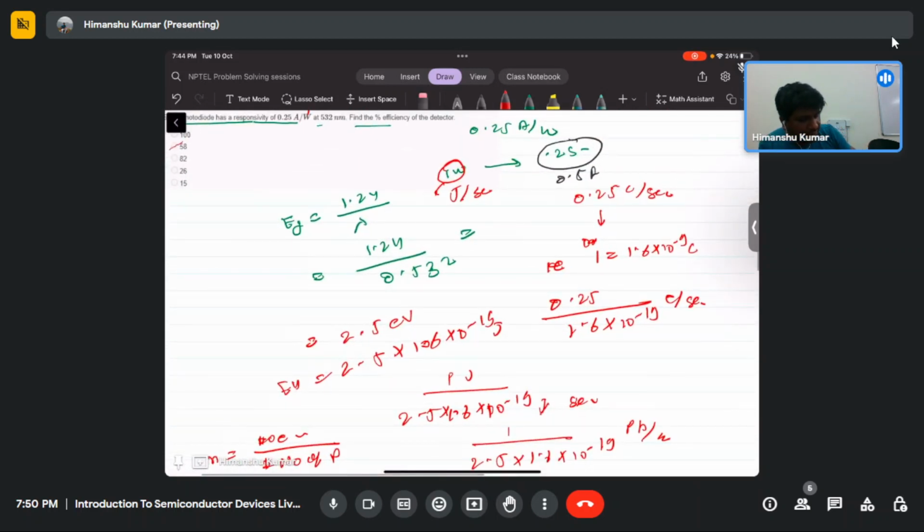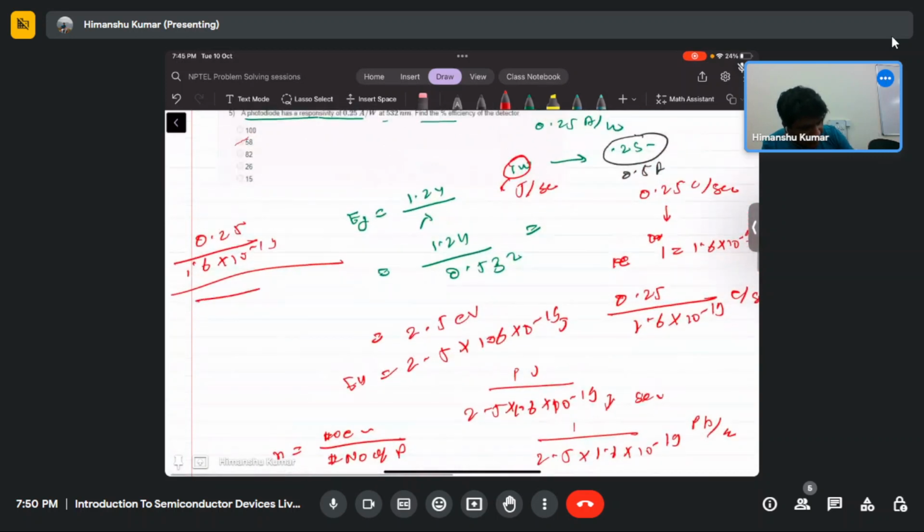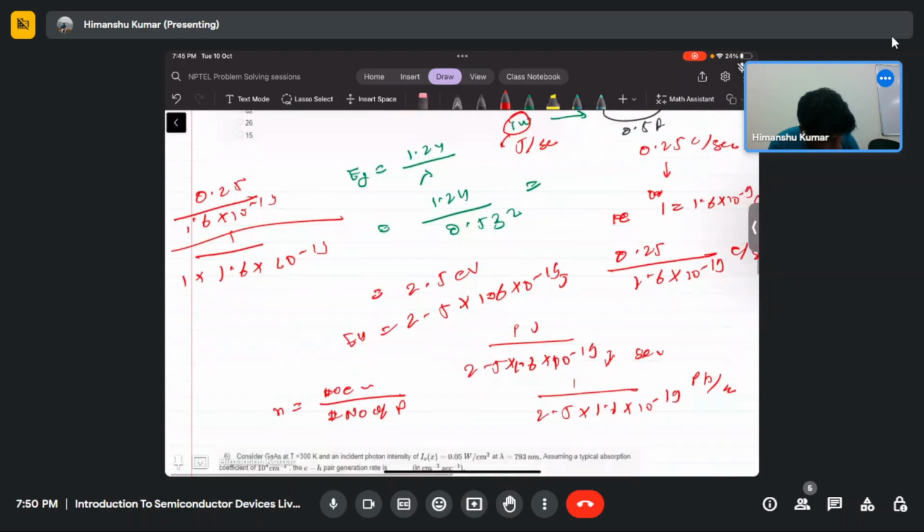Now this is 0.25 divided by 1.6 into 10 power minus 19, and the number of photons is 1 divided by 1.6 into 10 power minus 19 multiplied by 1.